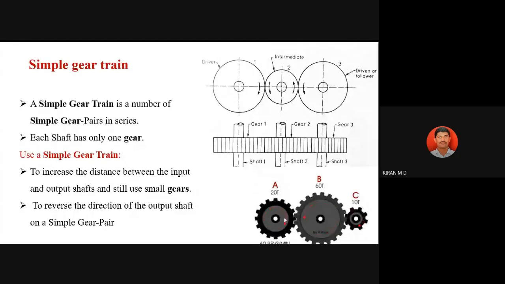Means if the number of intermediate gears is 2, the driver and driven will rotate in opposite direction. If the intermediate is 1, it will rotate in same direction. From this we can see if it is 3.